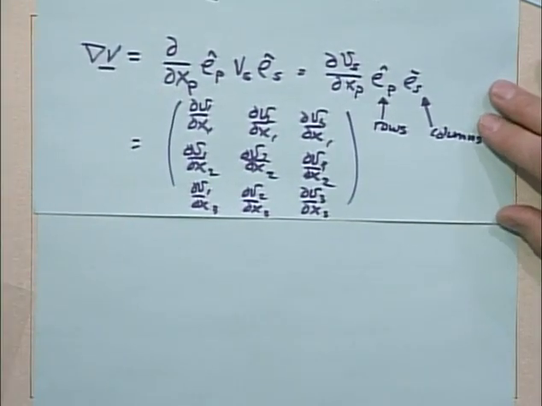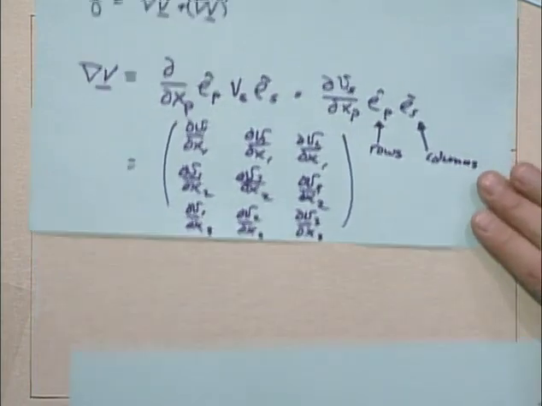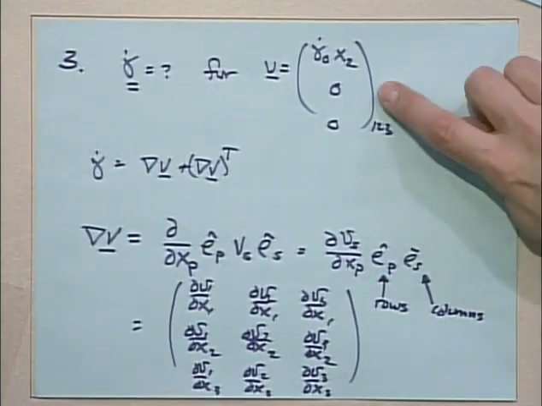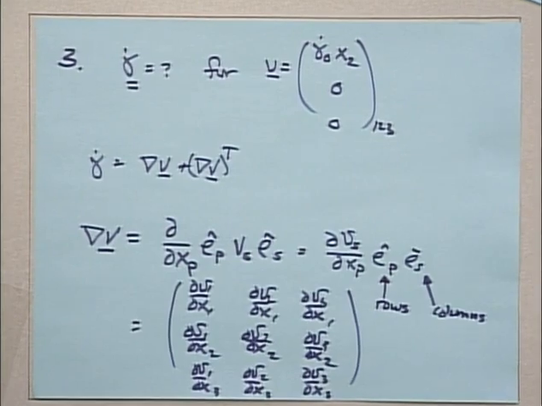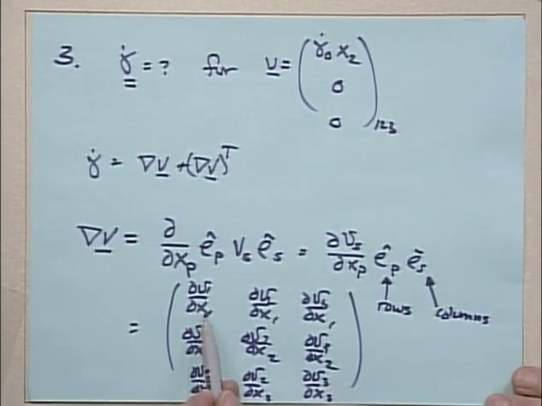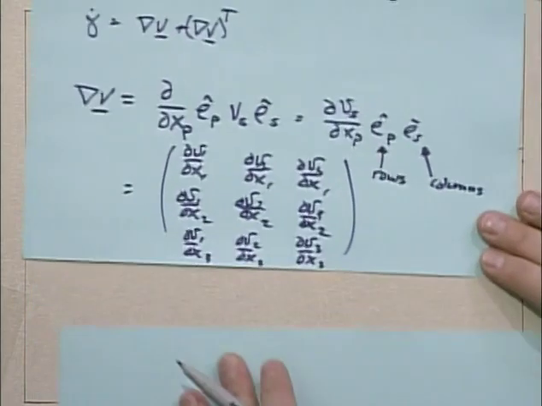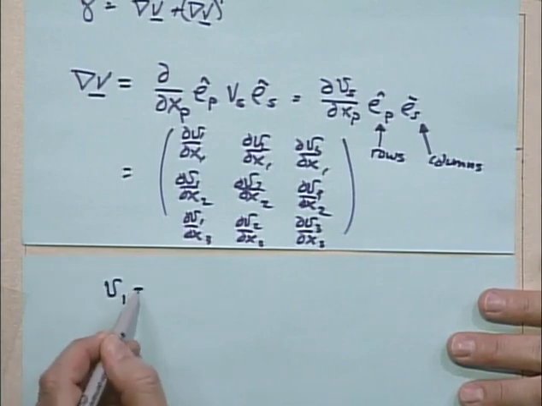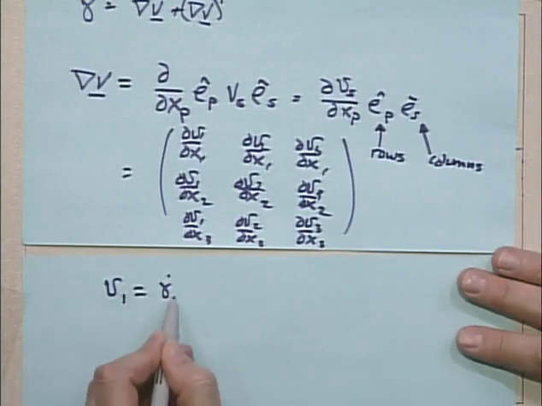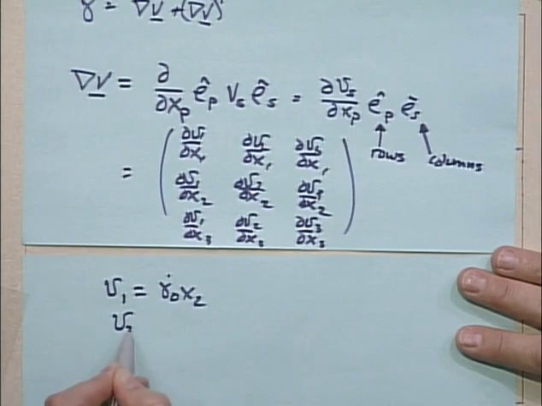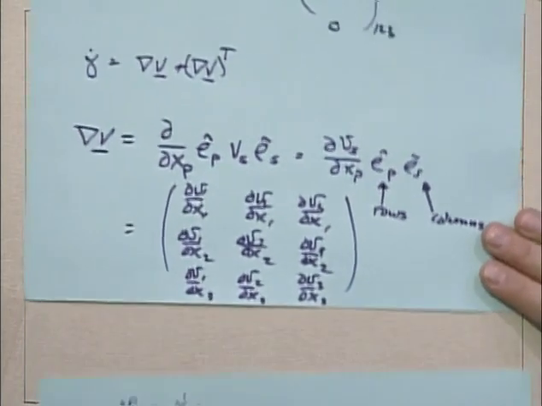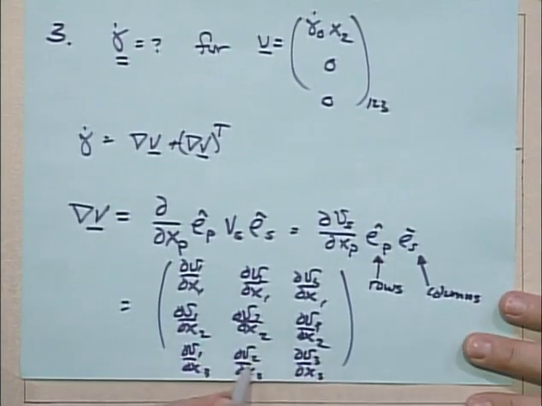So now, what is that for our vector V? We're not done yet. What's dv1 dx1? What's v1? Gamma dot naught x2. What's v2? 0. What's v3? 0. Okay, so starting with that, everything with a v2 and a v3 is 0, right?